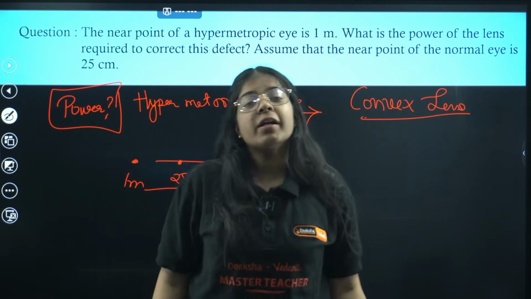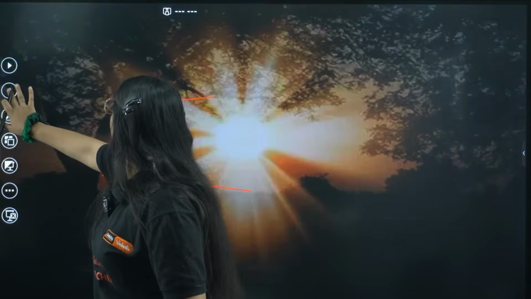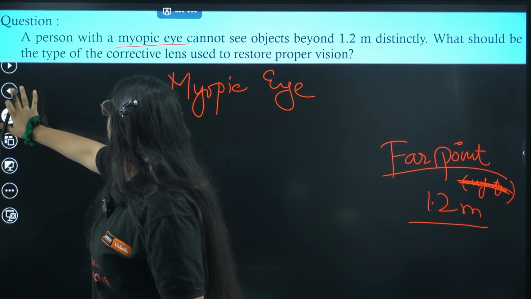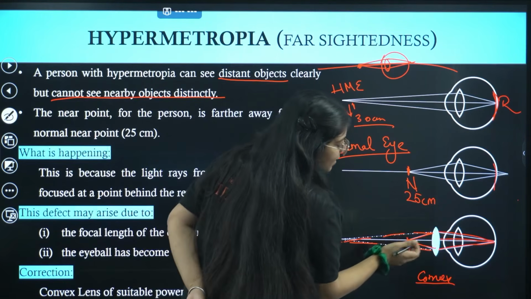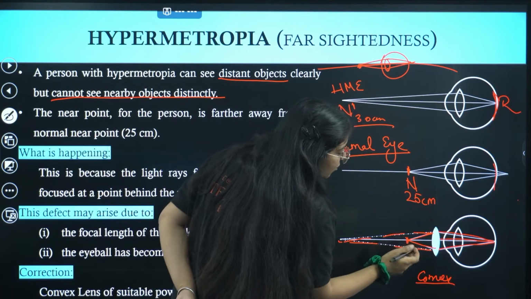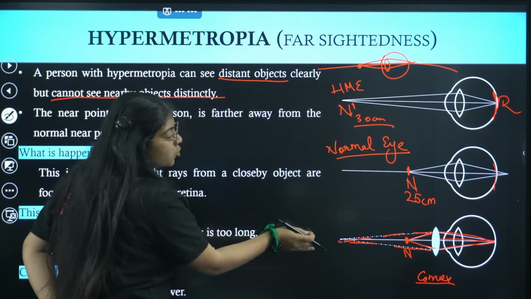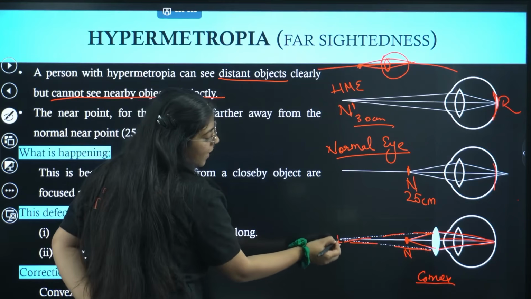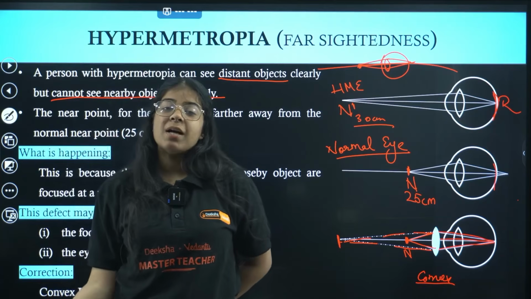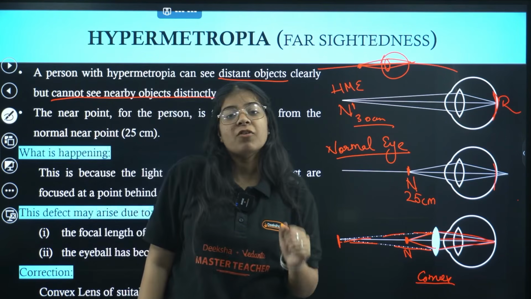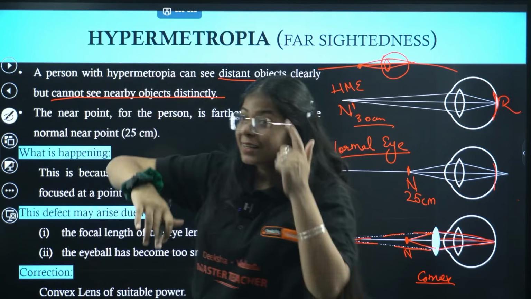Now what does our corrective lens do? We studied that this convex lens makes the image. This is the near point, it hits the convex lens and it appears to come back from it, making the image at a far away point, so that it appears to our eye that instead of coming from 25 centimeter, the object is at 1 meter, correct?